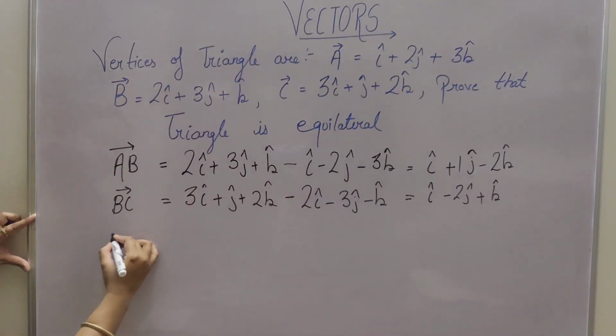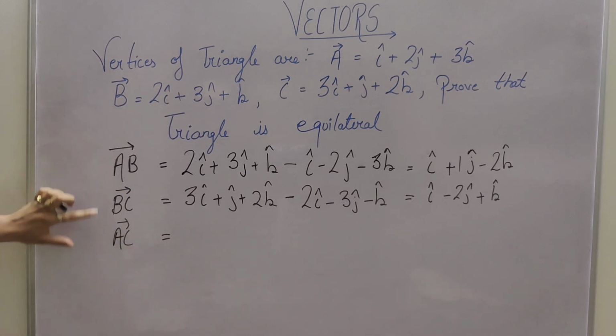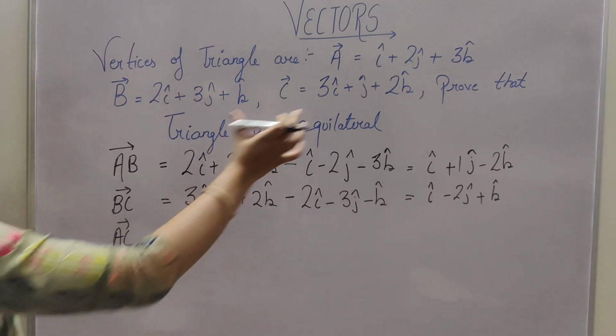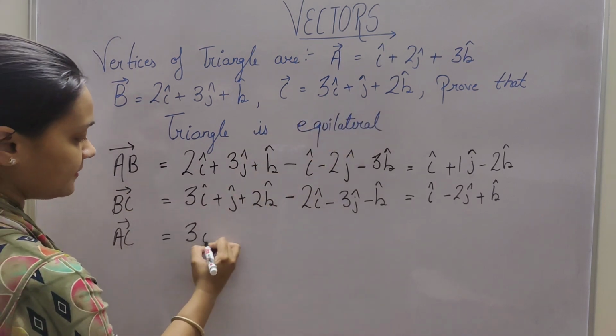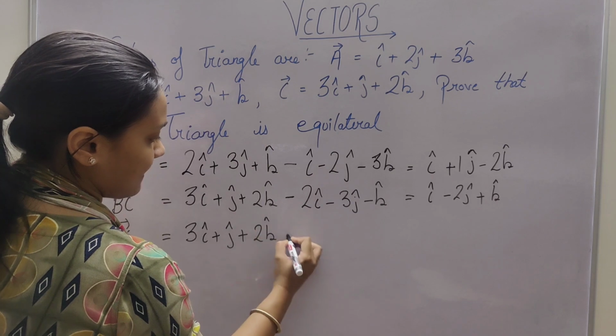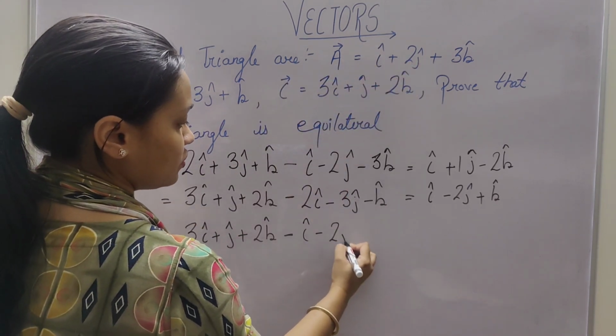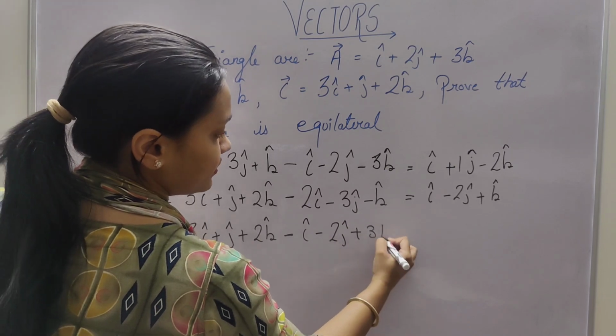Now comes the value AC, C minus A: 3i plus j plus 2k minus i, 2j, 3k.